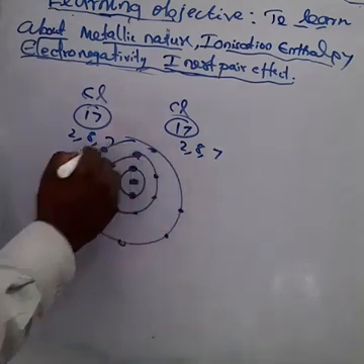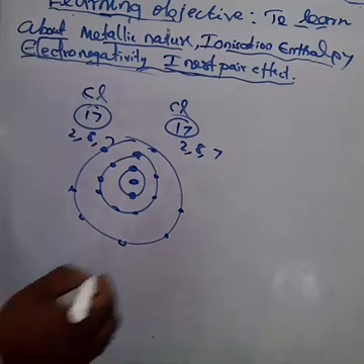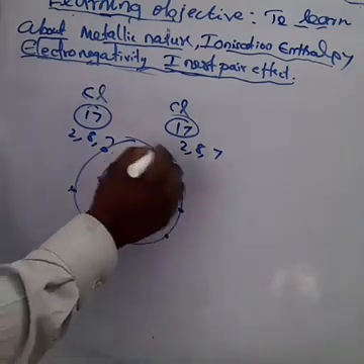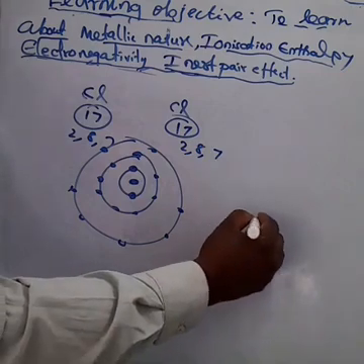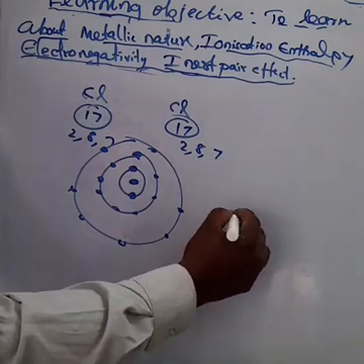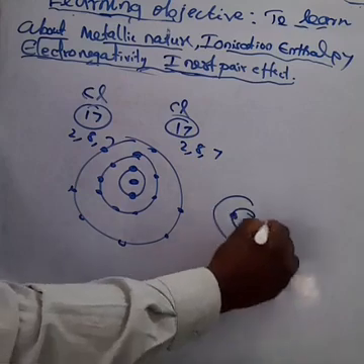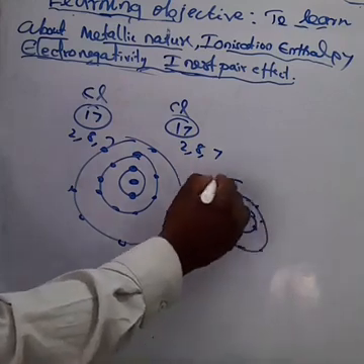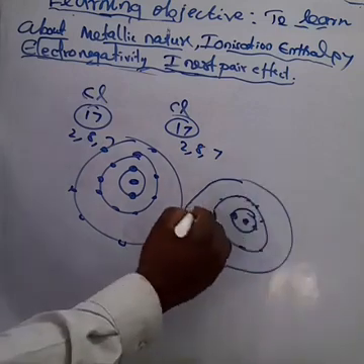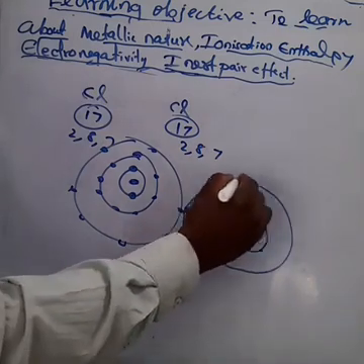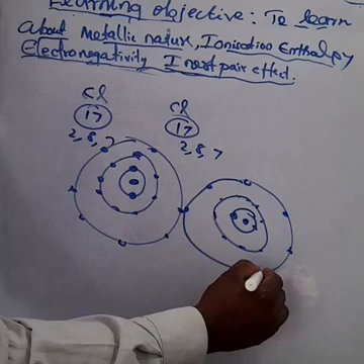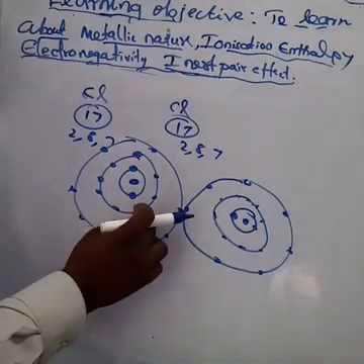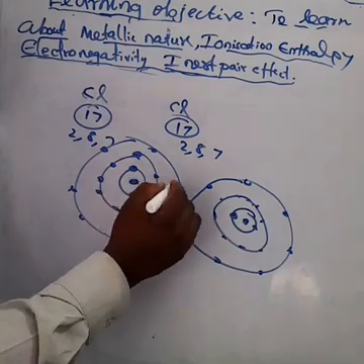1, 2, 3, 4, 5, 6, 7, so 7 electrons. What about the other chlorine? The first shell has 2 electrons, the second shell 8 electrons, and the third shell 7 electrons. So anyhow, this chlorine attracts the shared pair of electrons towards itself. Can you understand? For what purpose?